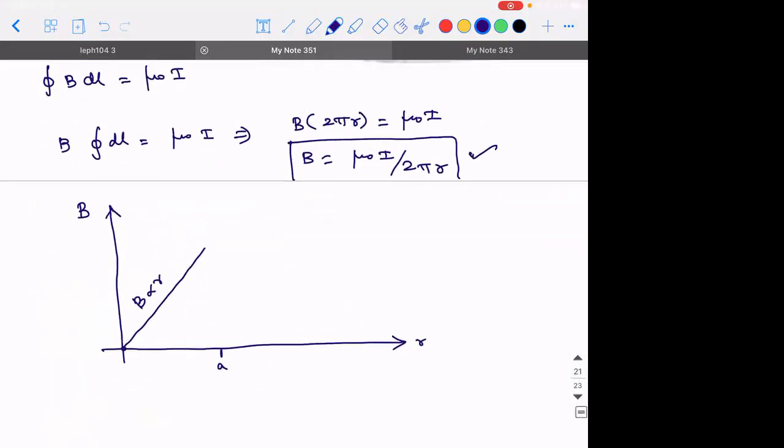So B will be directly proportional to R. And after this, what will happen? It will decrease inversely. So B will be inversely proportional to R.